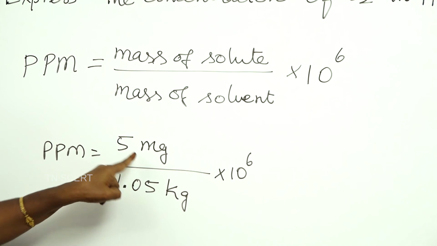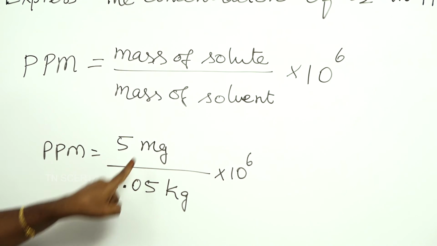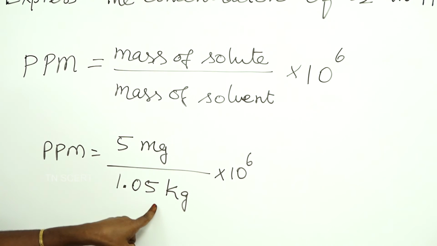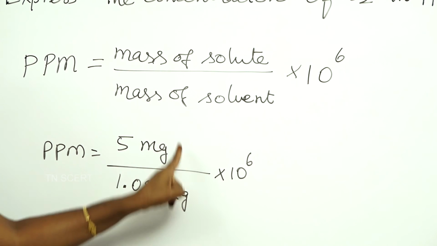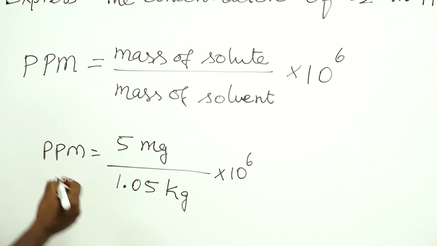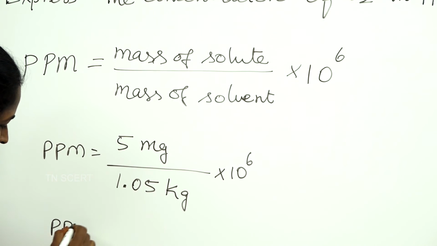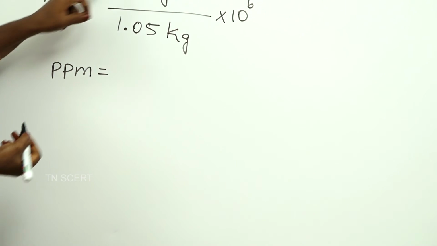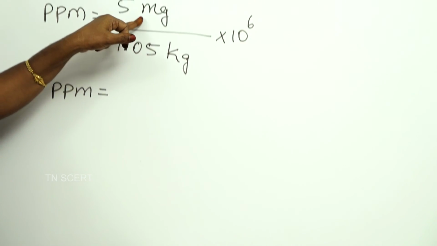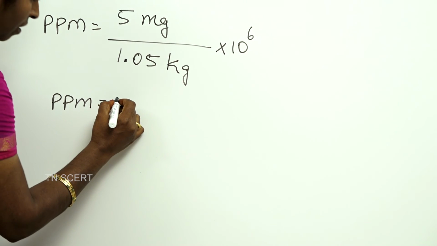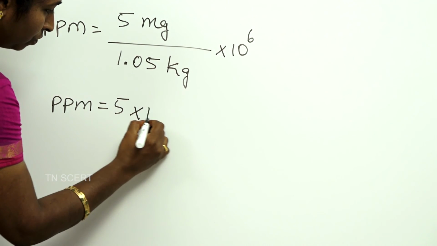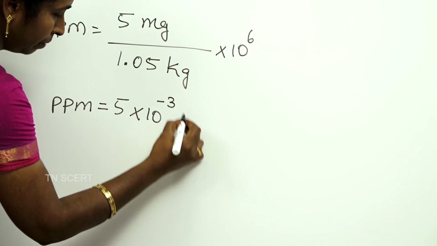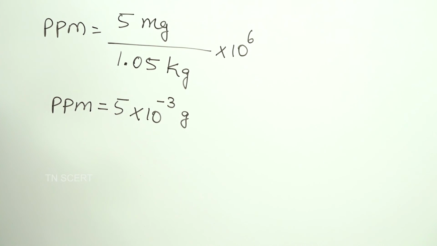Here mass of solute is given in milligram, mass of solvent is given in kilogram. Convert all these things to gram unit. So, now ppm is equal to 5 milligram is equal to how many grams? 5 into 10 power minus 3 gram, is it not?